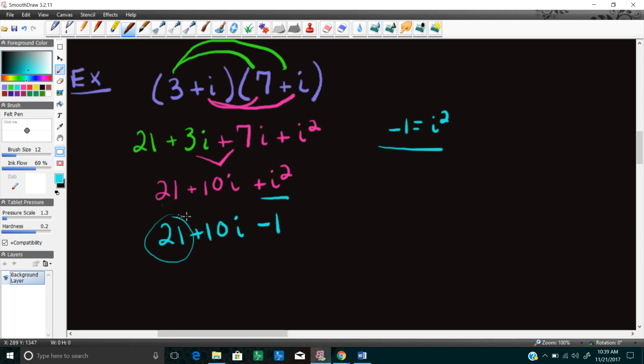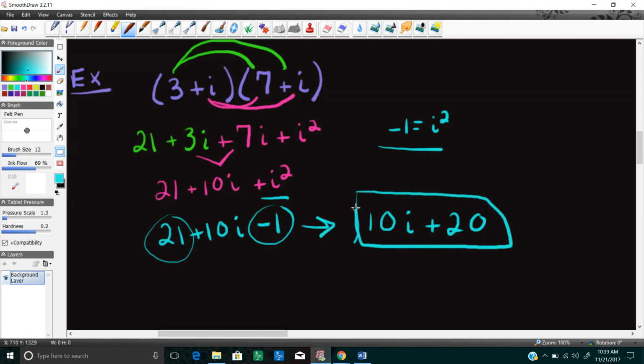And I can go ahead and combine some more stuff here. So I have 21 and -1, which would give me 20. So my final answer on this one would be 10I plus 20, because 21 minus 1 is just 20. And this is my simplified answer for this multiplication here.